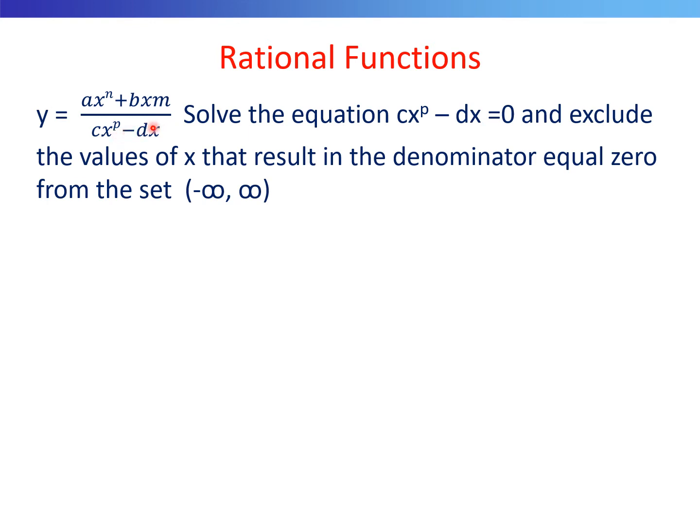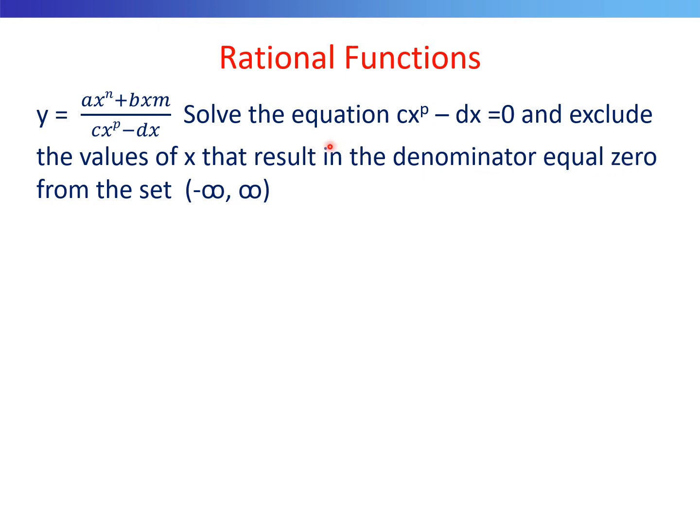So to that end, we have to solve the equation on the denominator, which is cx to the power p minus dx equal to 0, and then we solve this equation. And we have to exclude the values of x that result in the denominator equals 0.